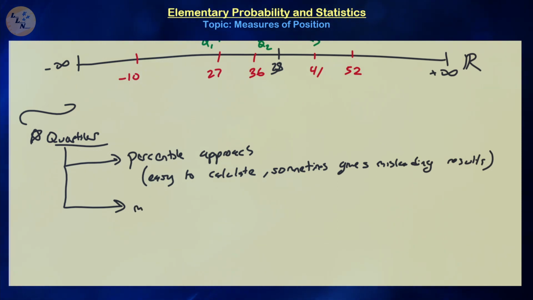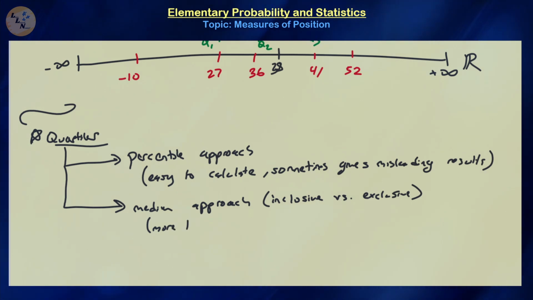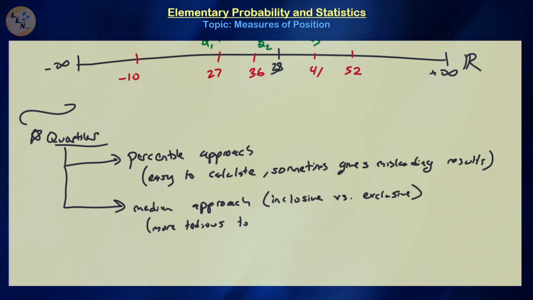But the median approach is of course the industry standard, and of course we have two variations of it for the odd case, and that would be the inclusive versus exclusive approach for median-based quartiles. And this is more tedious to calculate, obviously, because you have to partition, you have to rank, and everything like that.